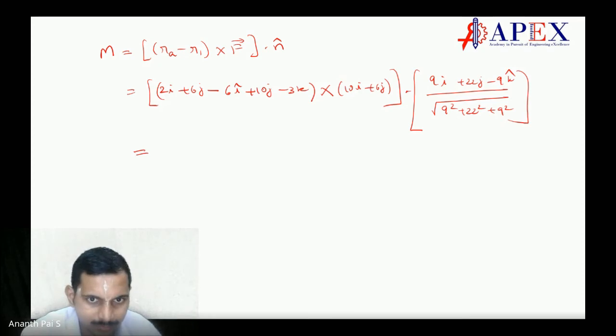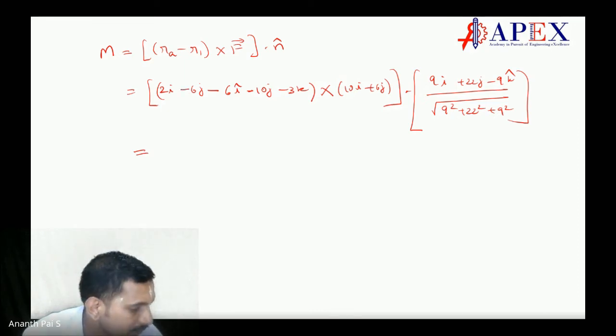Sir, the bracket is the same. In RA minus R1, it is 2i plus 6j minus of 6i plus that. That minus sign is for the whole R1. Correct, I got your point. What you wrote is correct, 2i plus 6j is correct. That is RA, right? RA minus of R1.